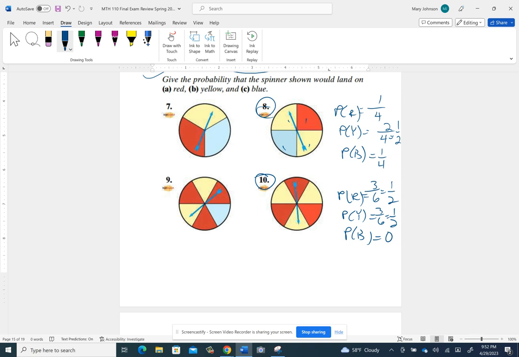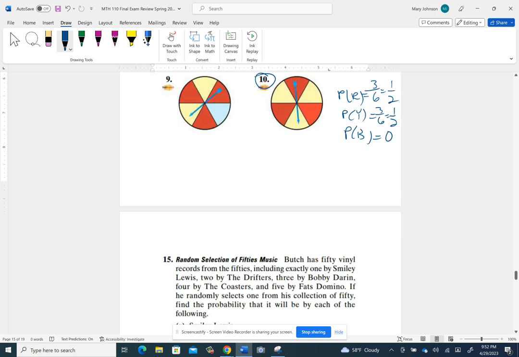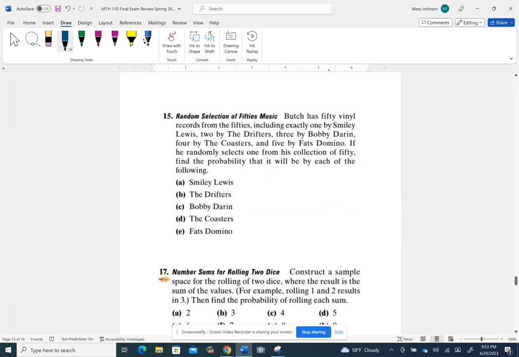Okay. All right, 15, 17, and 25. Let's look at 15. So we have these records, all these different people. If he randomly selects one record from his collection of 50, find the probability of each of the following. Okay, so I had to pay more attention.